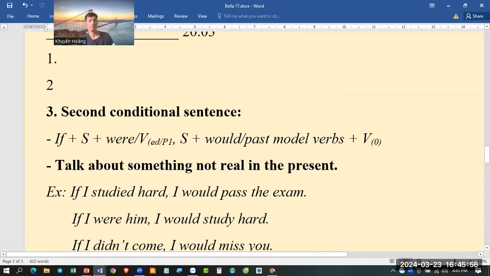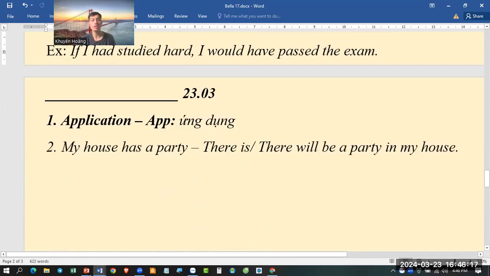By the previous lesson, we have actually talked about this already. It talks about things not real in the present. So, all right, today I'm going to make it easier to understand. I have a new word for you. It is exposition. No, hold on.